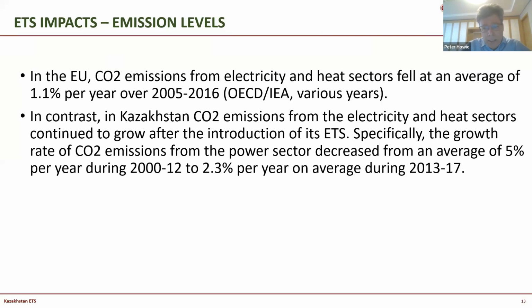But what we forget is that in 2014 to 2016, Kazakhstan experienced very low GDP growth, of 1.1 and I think 1.3% in 2014 and 2015. So one possible reason for this drop was the drop in GDP and economic activities.